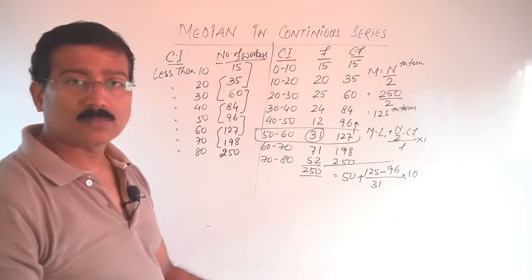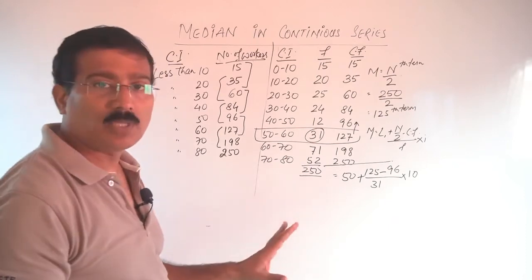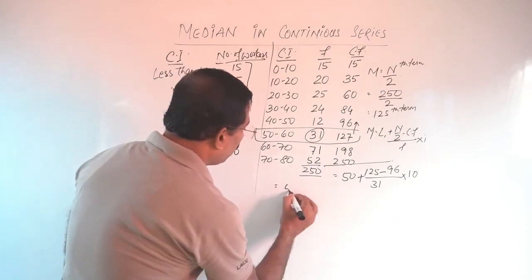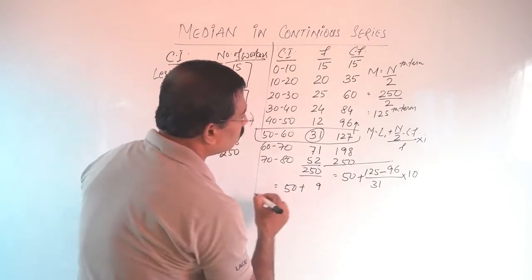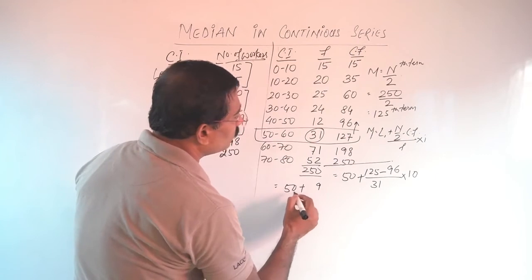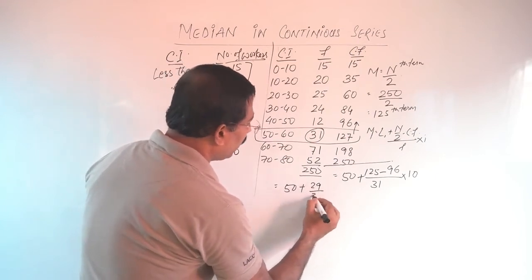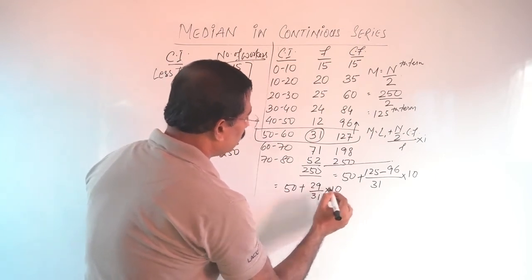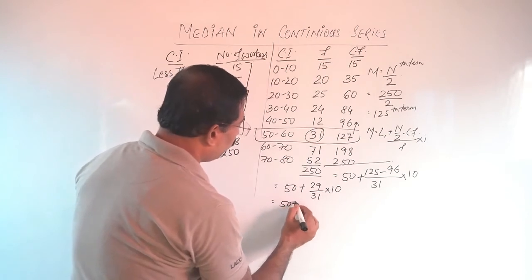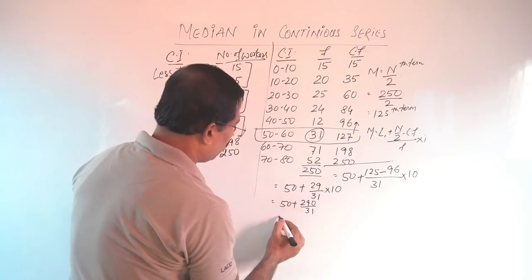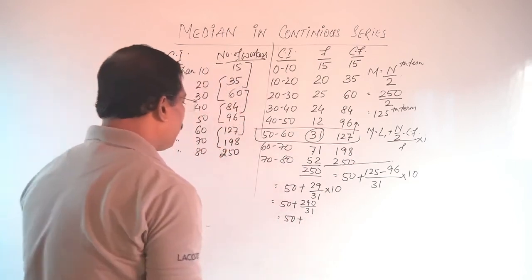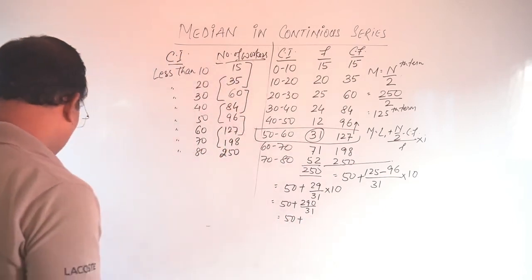Now I think all the students can find out the answer. 50 plus 125 minus 96, 29 upon 31 into 10. 50 plus 290 divided by 31.